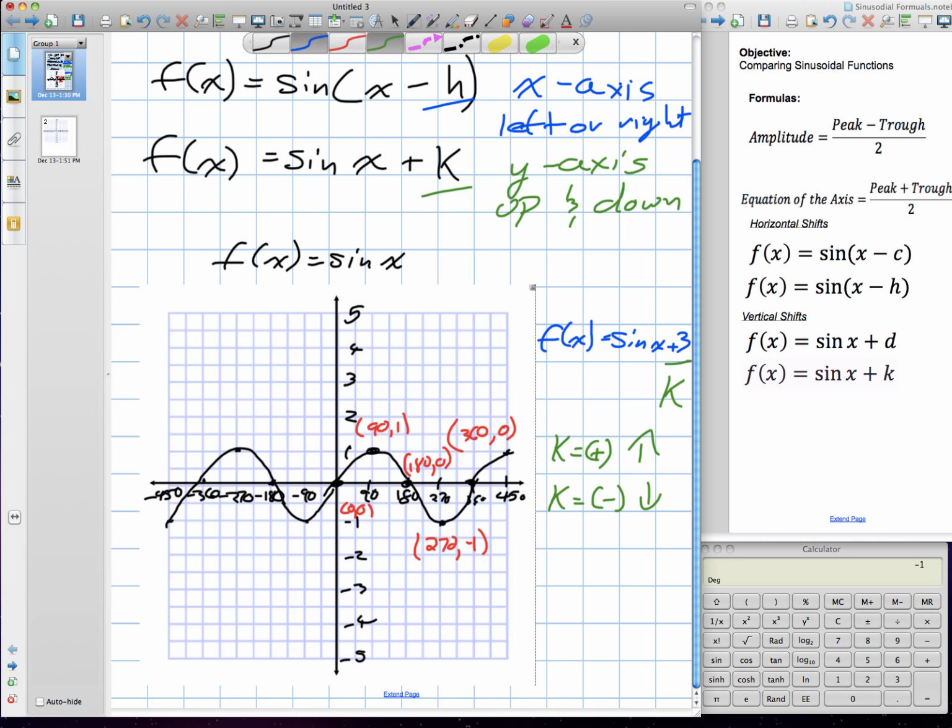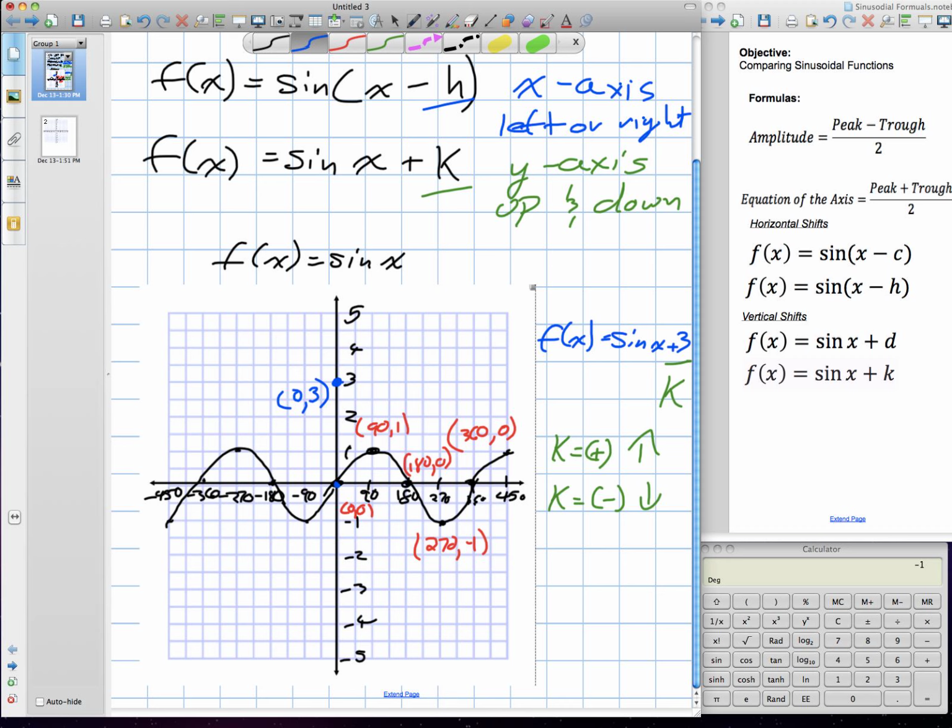Okay, so this is a rough sketch. We're going to find the exact points. Because I have our original, all I have to do is take my major points, and in fact, maybe I could use these 3 major ones we had. I'm going to move them up 3. So instead of being at 0 and 0, I will be at 0 and 3. I took the y value and I added 3.